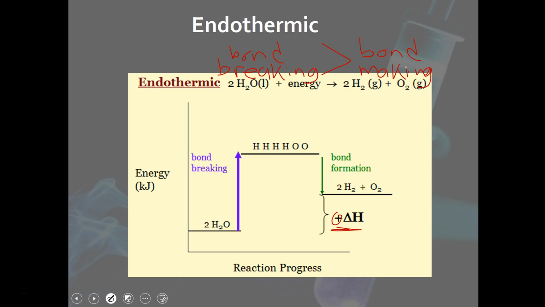You had to answer that, and some people switch them around. So the bond breaking is greater than the bond making. It takes a whole bunch of energy to break apart the hydrogen and oxygen, and then it takes less energy just to add the hydrogens and the oxygens together. And so overall, the energy change here is positive. It still requires more energy to break the bonds than it does to make the new substances.